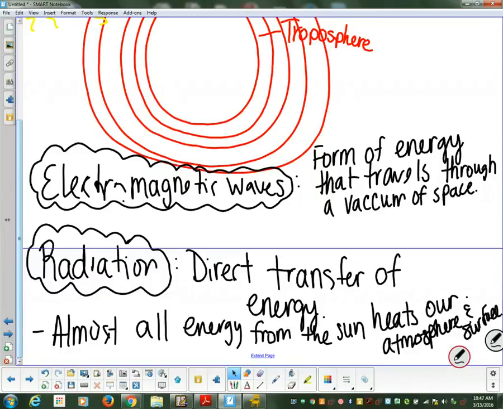Okay, so we get all of our energy from the sun. Okay, it's what supplies the energy for our atmosphere. It's what supplies the energy for our Earth. Okay? Now, how the radiation and the electromagnetic waves get to our Earth is important as well.